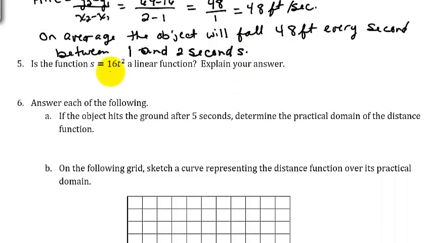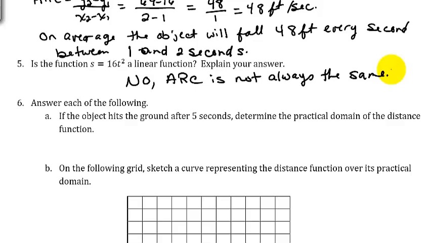Is the function s equals 16t squared a linear function? The answer is no. And the reason that I know that this is not a linear function is because I had two different average rates of change. So the average rate of change is not always the same.